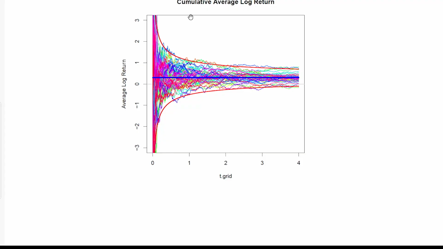So over short periods, we can expect very different return magnitudes. But as the time period for measuring returns increases, it stabilizes to vary about this constant level. All right, so let's go back here.